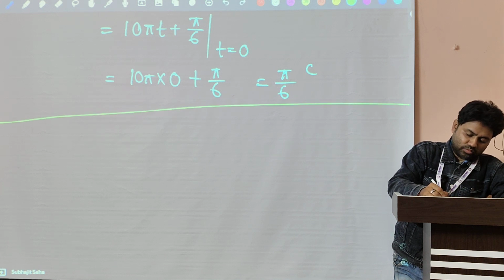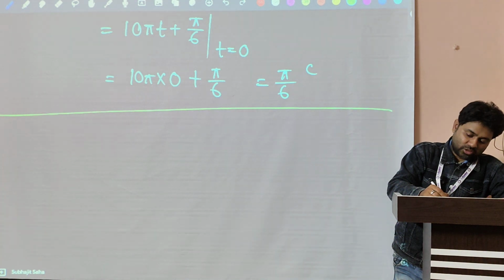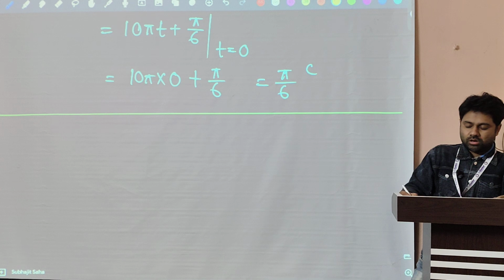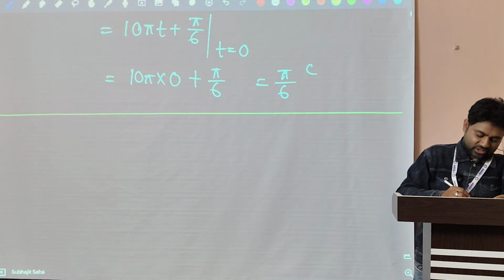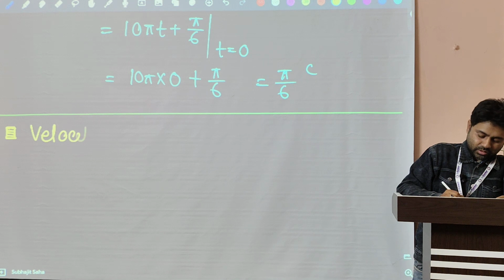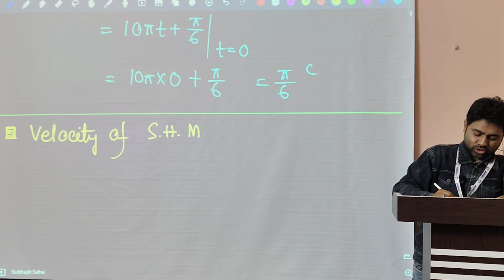So we have learned more or less the basics of the displacement of a particle in SHM. Today we will discuss one more topic on SHM, which is the velocity of SHM: velocity of a particle in simple harmonic motion.